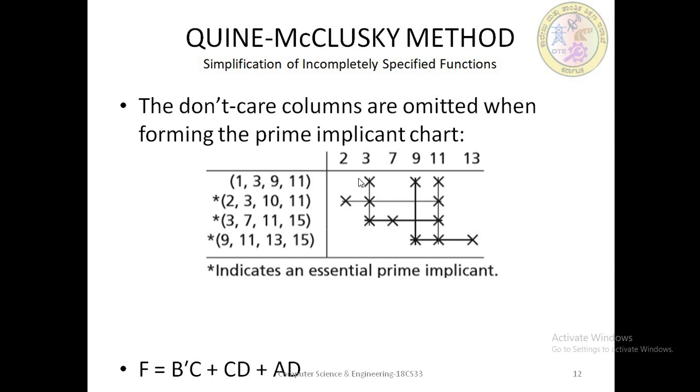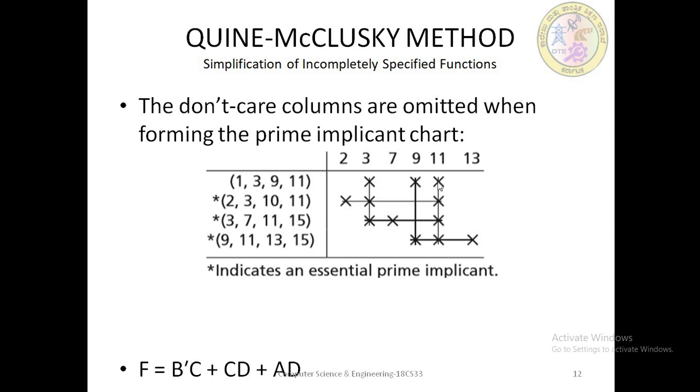Here you can see this is having 1, 3, 7 and so on. As we know, 1 is a don't care condition, so we are not writing it here. So 3, 9, 11, and 10 is also a don't care condition, then 2, 3, 11. We have to obtain these, and you can see these three can be covered by other terms also.